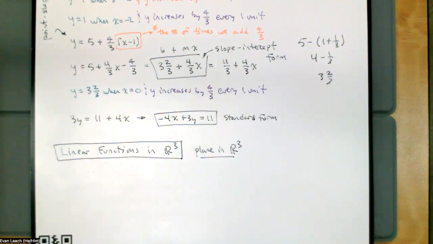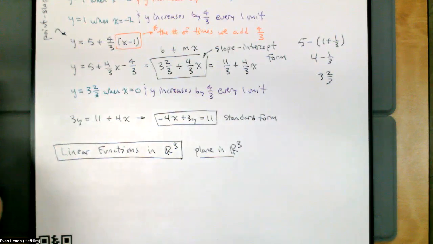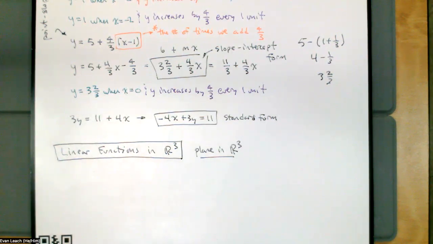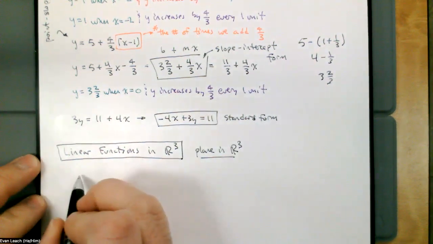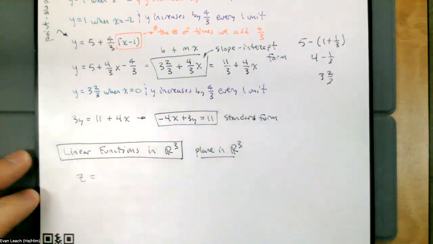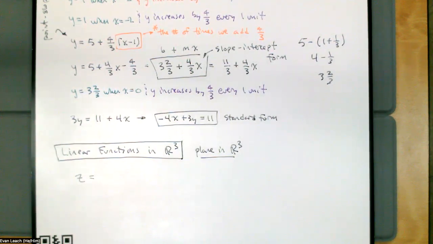Let's look at the format that we're going to get for our linear function. I'm going to start with point slope format, and write it as a function. Z is going to start off with a certain value.